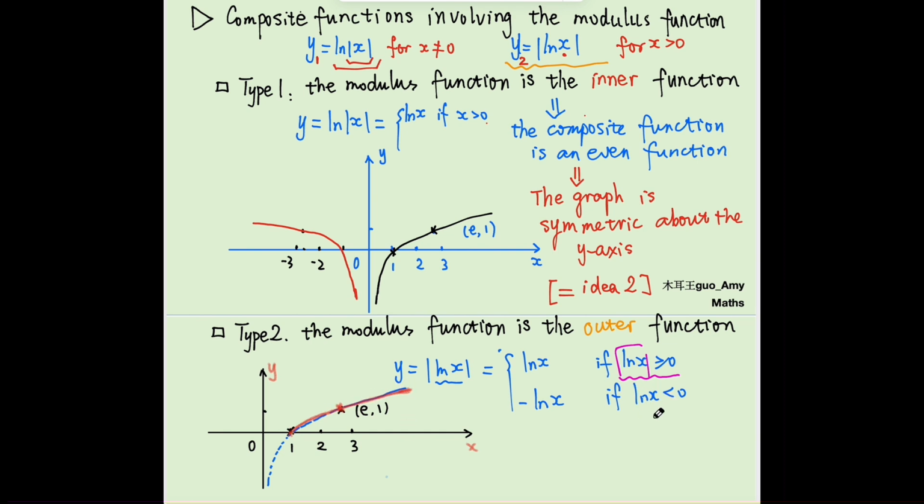When the inner function ln x is less than 0, it means the corresponding graph is below the x-axis. For this part, it will become its opposite. It means we are going to reflect this part in the x-axis. And we are going to erase the part below the x-axis. We erase the arrow as well.